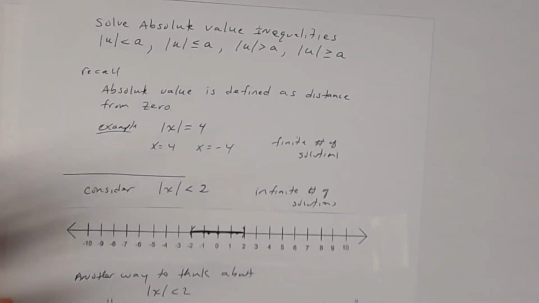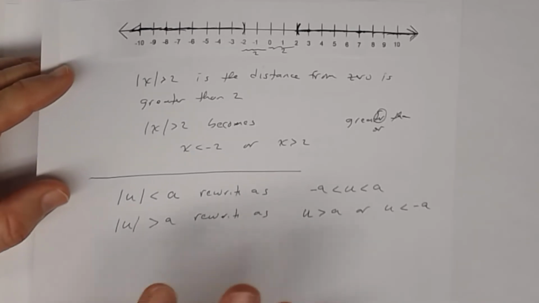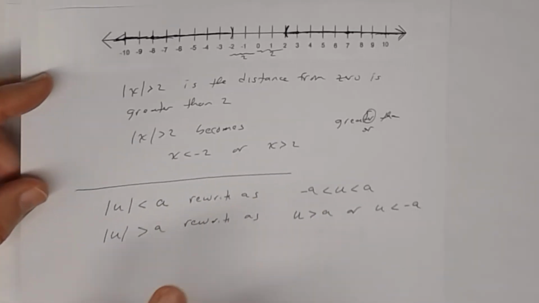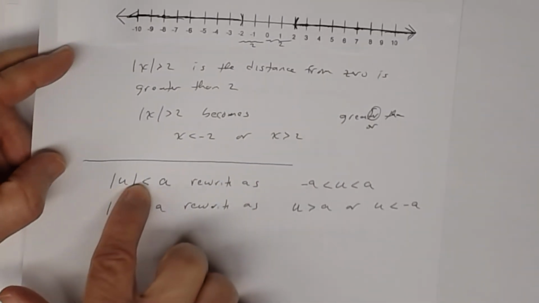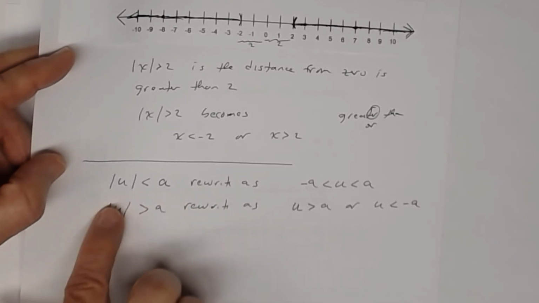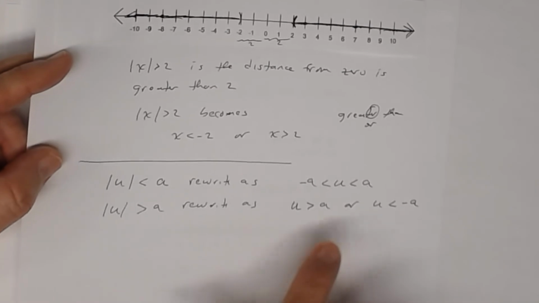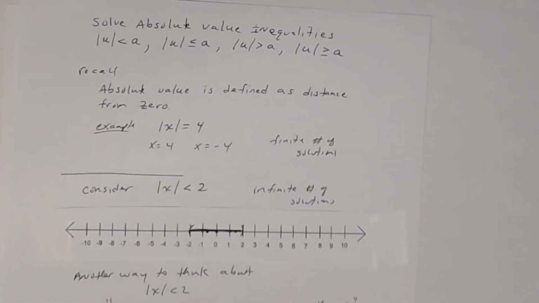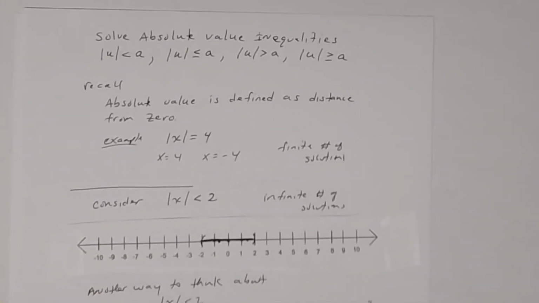Now, before you memorize this right here, and I mentioned this earlier, make sure you understand why when you have absolute value less than, you write it like this, and why when you have absolute value greater than, you write it as an or statement. Make sure you understand that, and that understanding came from these examples right here. All right, so that will be the end of this lesson.